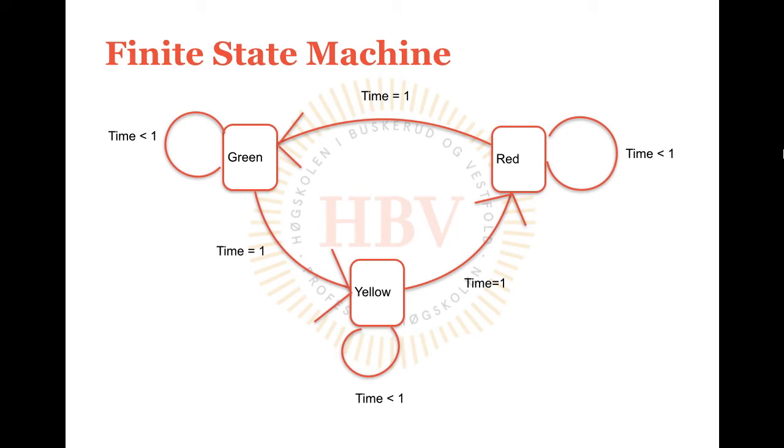When the time is 1, it goes on to yellow, and when it has been there for 1 second, it goes to red, and it stays in red for 1 second before it goes back to green. So as you can see, this finite state machine is dependent on the outputs of the last state and on the time.